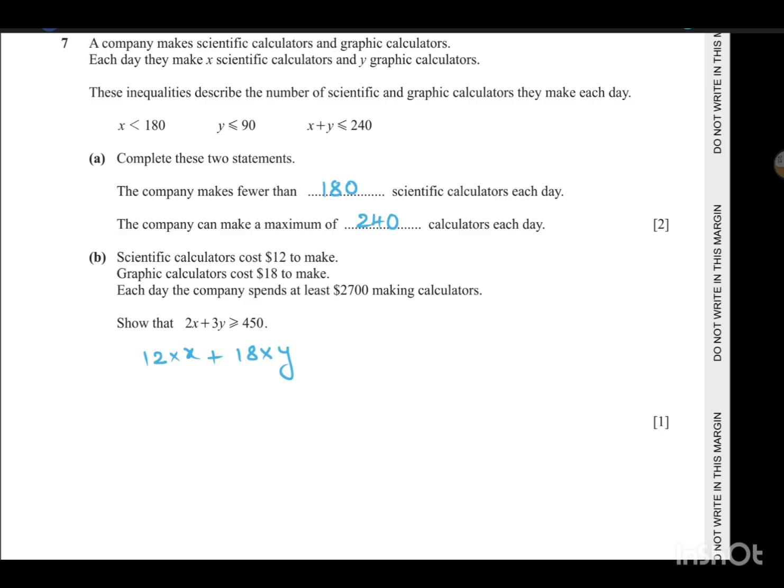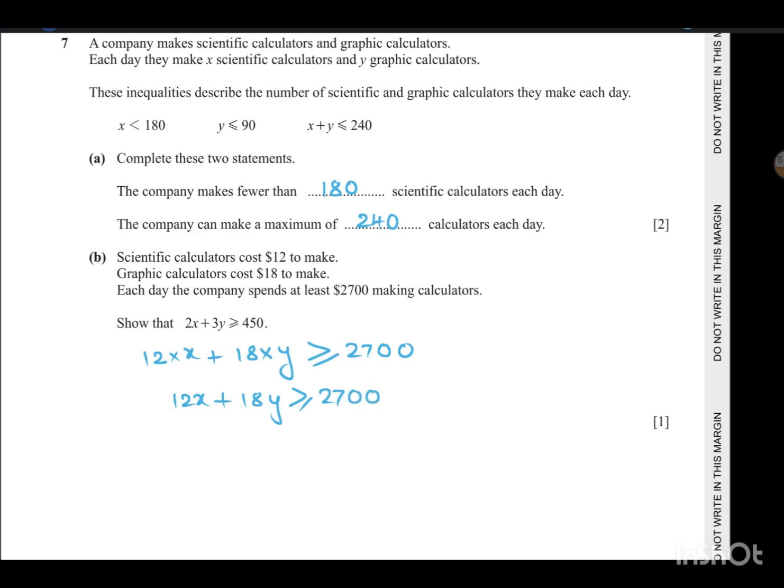At least means not less than 2,700. So the inequality is 12x plus 18y greater than or equal to 2,700.